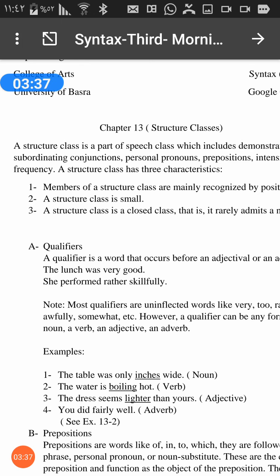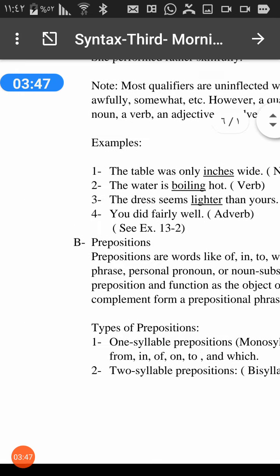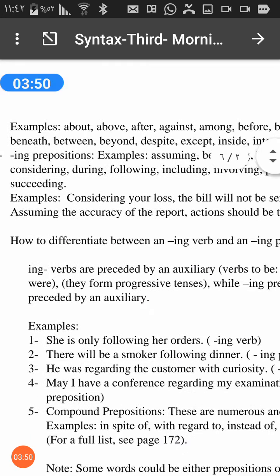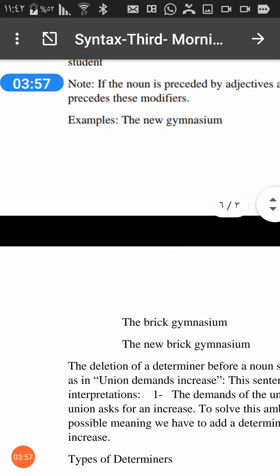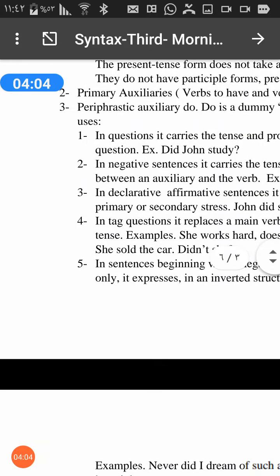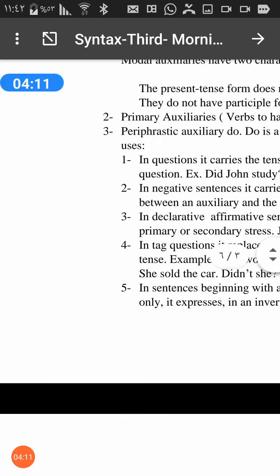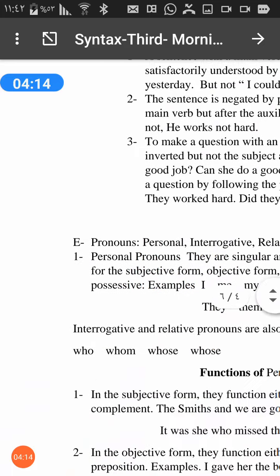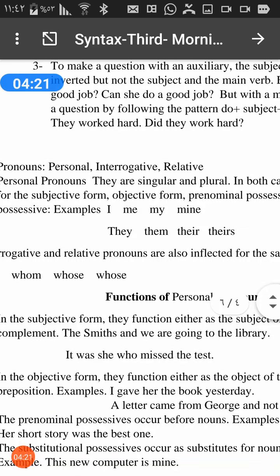The second type of parts of speech are structure classes, which include qualifiers, prepositions, determiners, auxiliaries, and finally pronouns of all their types: personal pronouns, interrogative pronouns, and relative pronouns.